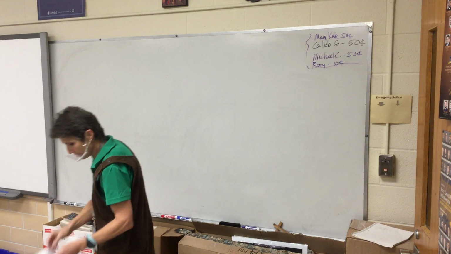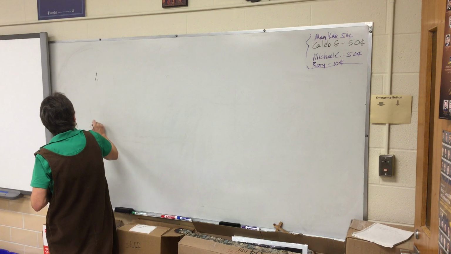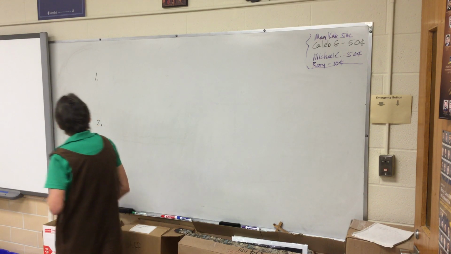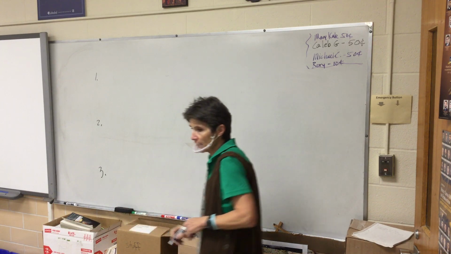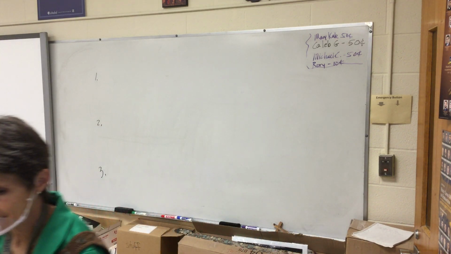So on your piece of paper, kind of divide it up into thirds. So you've got 1, 2, 3. But you write these 3 things down.